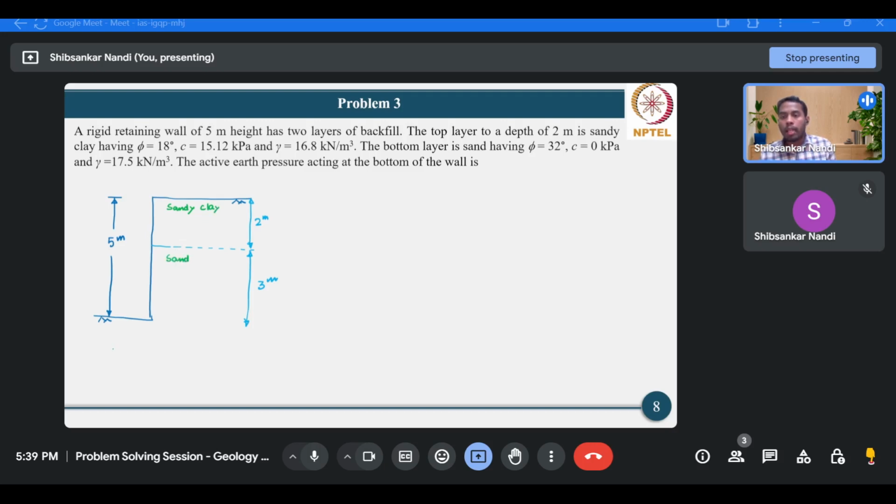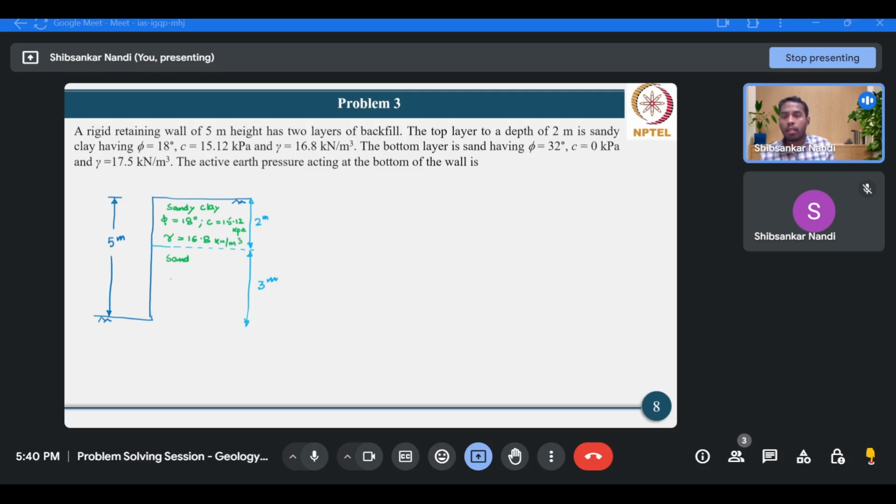Coming to sandy clay, the angle of internal friction is 18 degree, c is 15.12 kPa, and gamma is 16.8 kilonewton per meter cube.